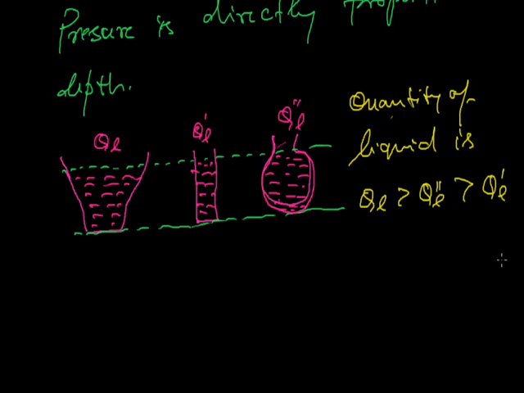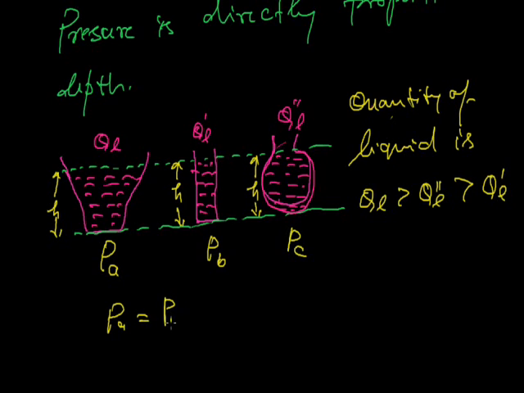But the pressure at the bottom, because the height is the same for each, so the pressures PA, PB and PC are equal. PA is equal to PB is equal to PC. It means the pressure of liquid at the bottom is independent of the size and shape of the container. It depends only on the height, or we can say the depth, of the liquid.